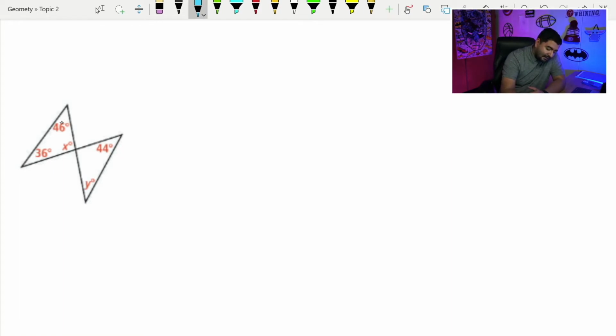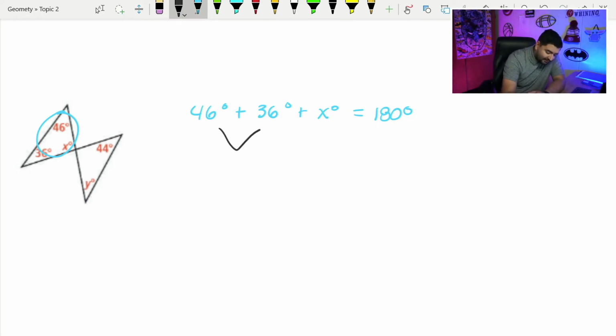I know that if I'm solving for x, 46 degrees plus 36 degrees plus x degrees, I'm not sure what that is yet, but I know that all of this should equal 180 degrees. Adding our like terms, 46 and 36, 46 plus 36 is 82 degrees plus x degrees equals 180 degrees.